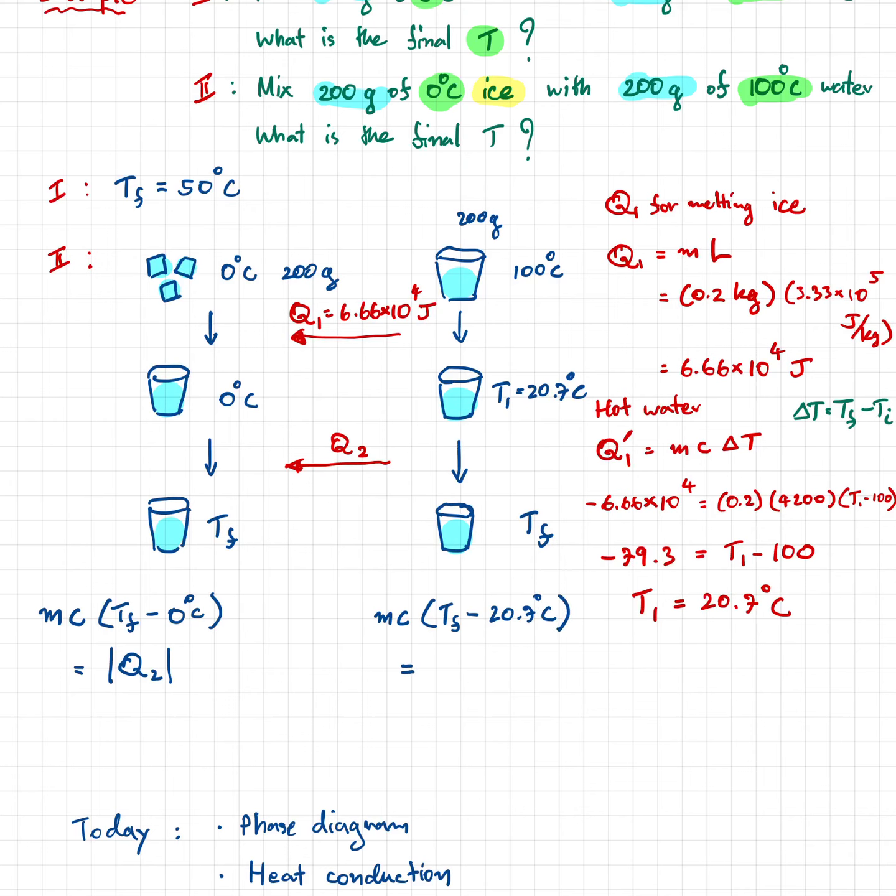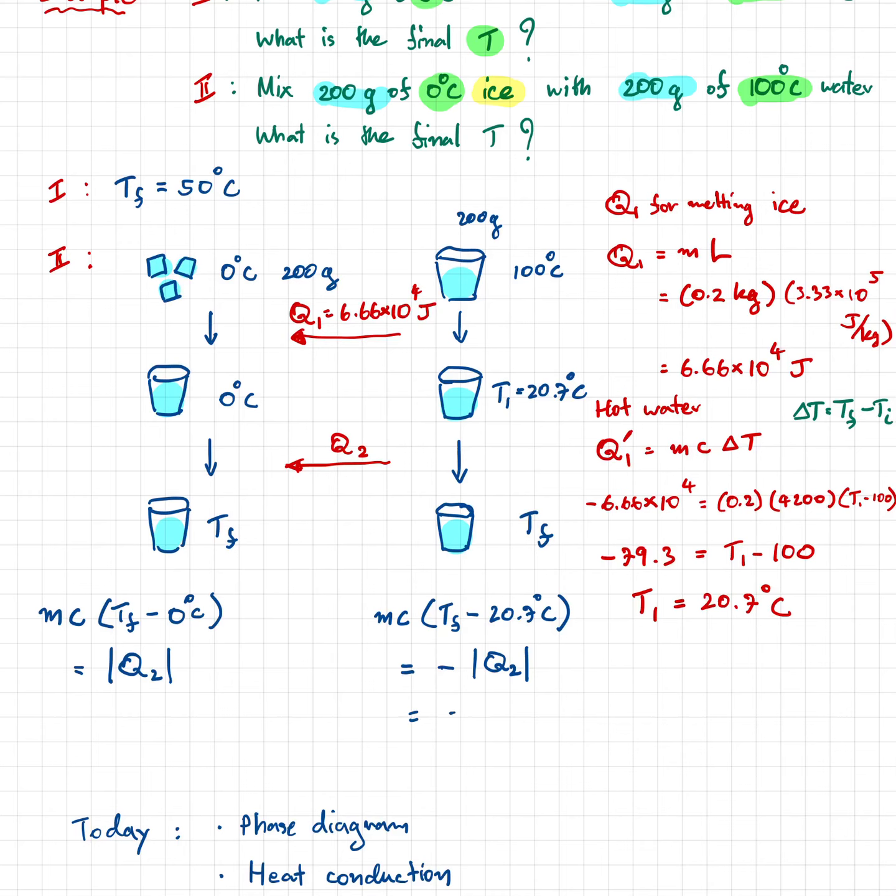And this one will be related to Q2, that's for sure. But it's getting colder, so that means it has to lose energy, right? Losing energy means Q is negative. So I can write negative and then this absolute sign here just to make sure that I'm not confused about the sign of Q2, right?